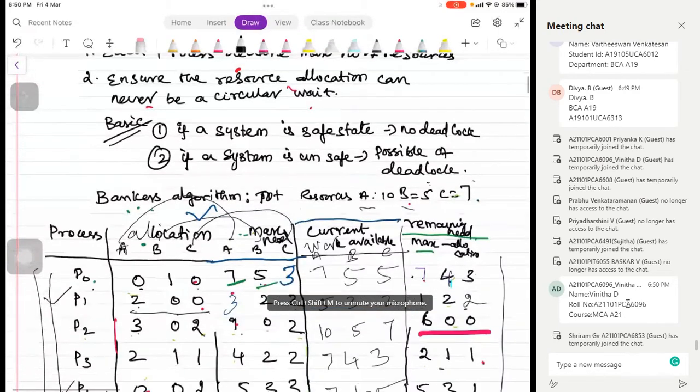அப்போ இப்ப பாருங்க, இந்த Banker's algorithm-ல total resources available கவனமா கவனிங்க.